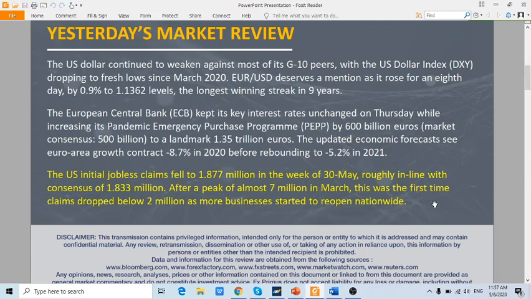The figure announced yesterday was a much better improvement compared to the final week of March, where the numbers came in at 6 million plus, almost 7 million. Yesterday's data was the first time that the numbers have dropped below 2 million. So let us move on to the technical charts and also to understand the economic data for yesterday.